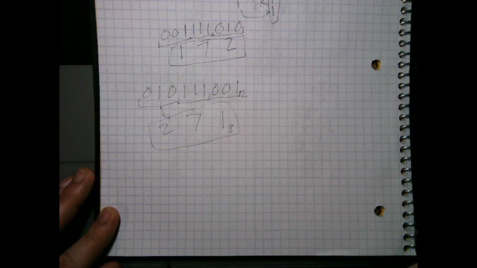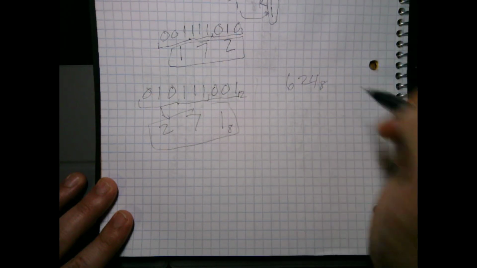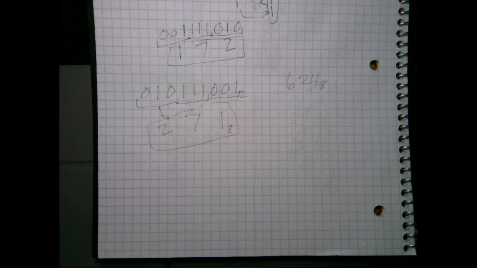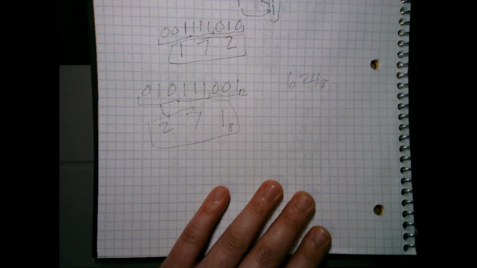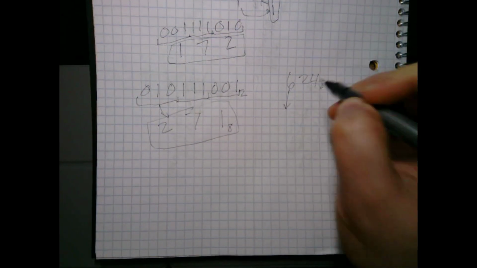Now, problem 2, they want us to convert 624, base 8, into binary. So again, it's just the same thing in reverse. We're going to do the 6 first.